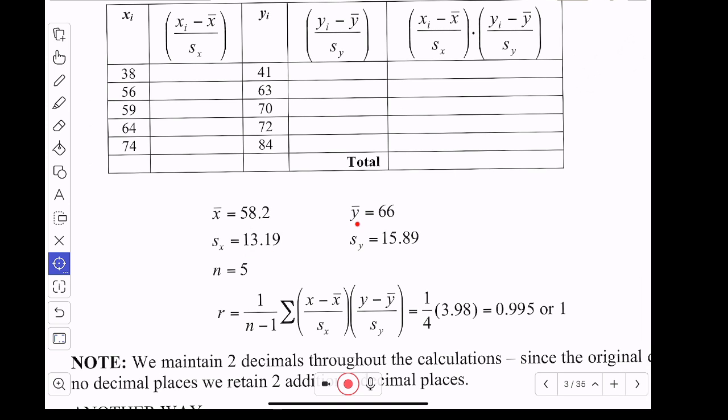This is the mean of Y and its standard deviation. There's n observations, 5 observations. So standardizing X, first we need the mean. So we have that already. You see, I give it to you to make this easier. So what we're going to do is take each value, standardize it, take off the mean and divide by the standard deviation. Now obviously, we're just using the sample results to do that, but I still call it standardization because that's what it is.